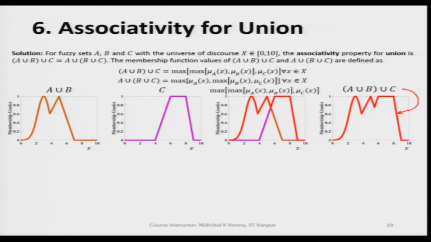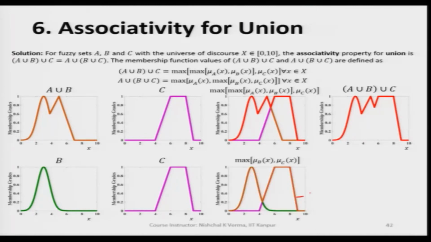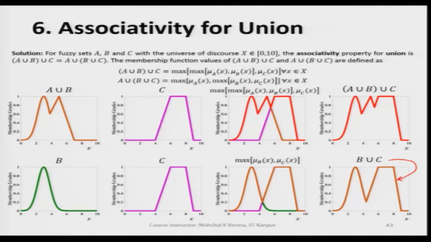Now, if we take B, the union of fuzzy set B and C, we are going to get this as the outcome, means B union C is this outcome.